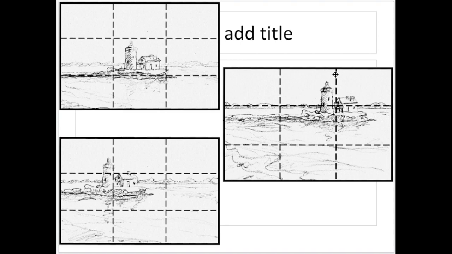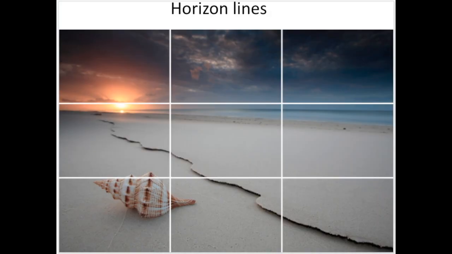So for this project, we're going to aim for a composition more like this. And again, when the sky meets the earth, you can draw the line on one of the intersections, and that makes a much more natural composition than if you put it straight in the middle.